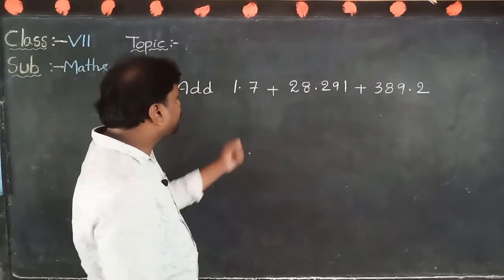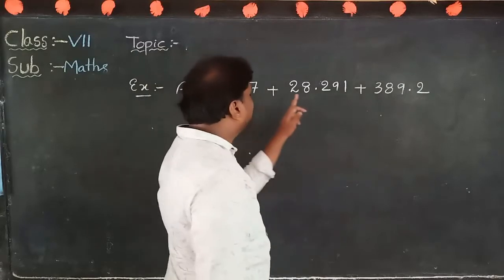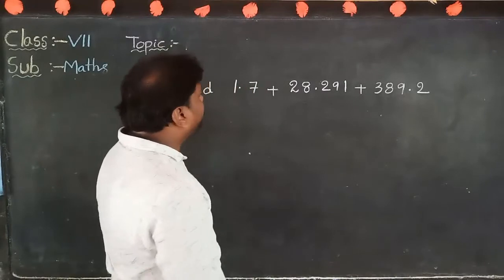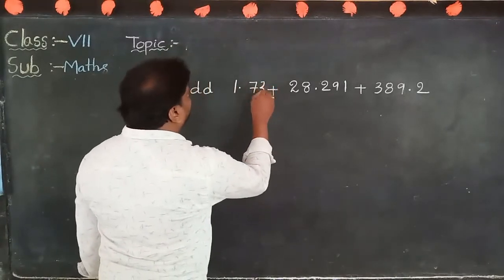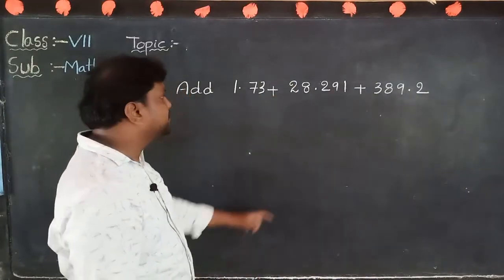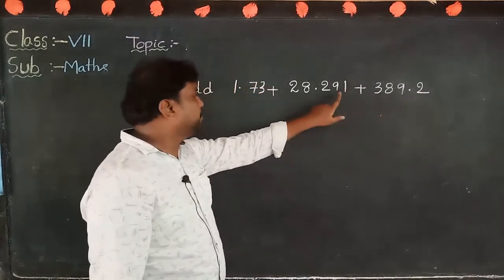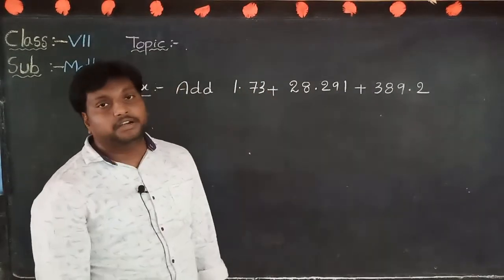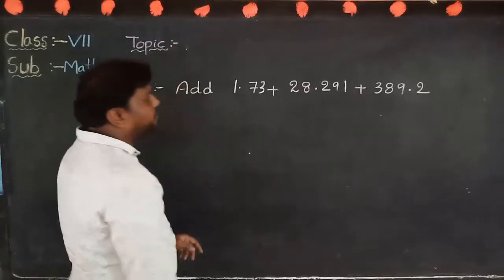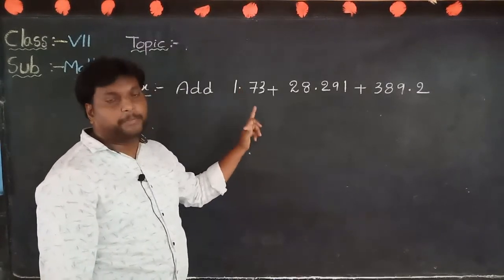Here the 3 numbers are unlike decimals. Why? See, in the decimal part there is only 1 digit, there 3 digits, and here 1 digit. Now how to add? Whatever the numbers are, we have to check only the decimal point.